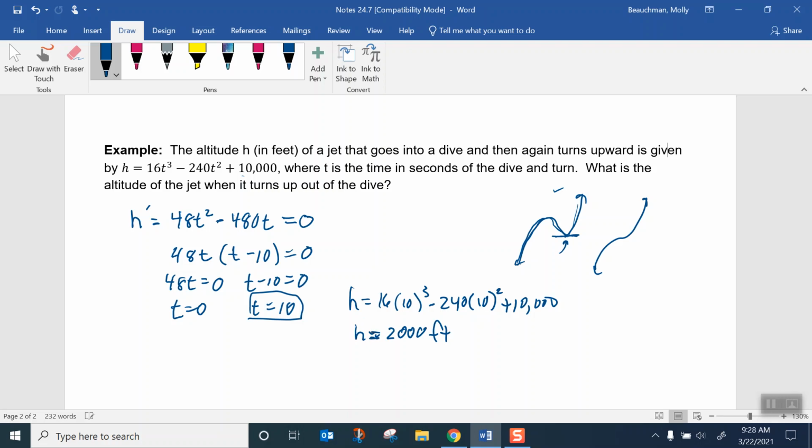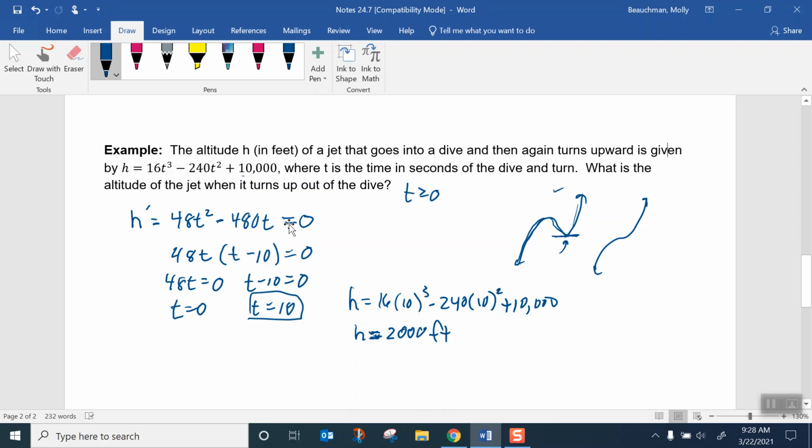So these are called optimization problems. You're finding maximum or minimum values. In this case, the domain of our function, time, had to be greater than or equal to 0 because we couldn't have negative time. So if you have a function that's already given that models the situation, how do you find a maximum or a minimum? Just like we did when we were curve sketching.